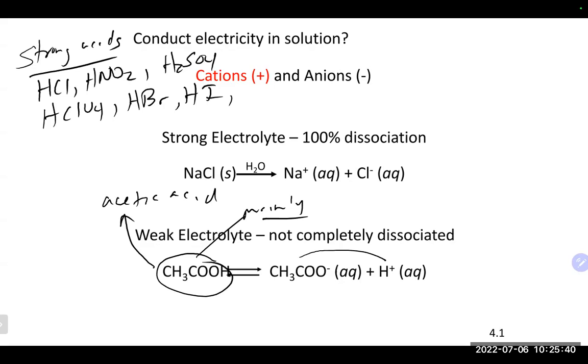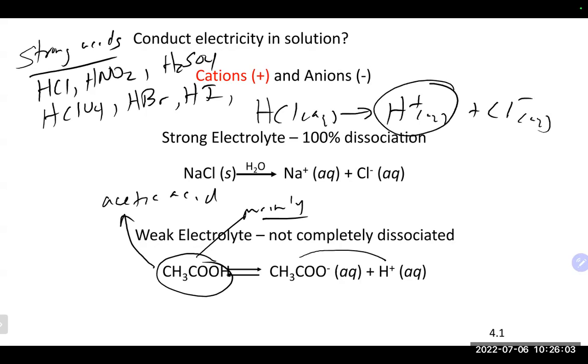And that's really why they're strong acids, because as we talked about when we talked about naming acids, the cation is H+, and that's basically your definition of an acid: the ability to produce H+. So any strong acid like hydrochloric acid, when it is in solution, will 100% break apart into H+ and Cl-.